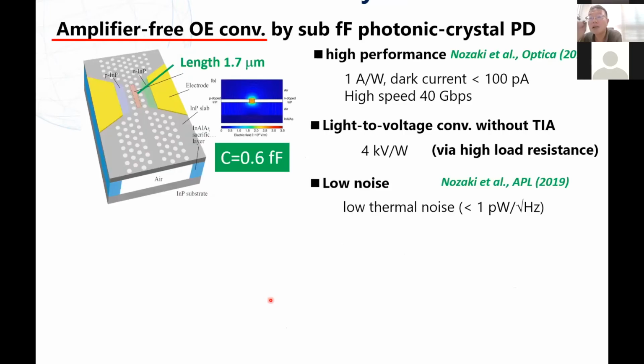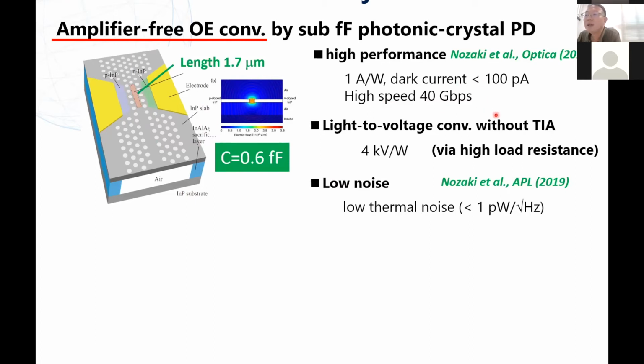Here I show our work for the OE conversion devices, namely the photonic crystal photodetectors. This photonic crystal photodetector has an extremely small capacitance of 0.6 femtofarad. In spite of such a small size, this photodetector shows high performance comparable to the high-end photodetectors used for optical fiber communications: high sensitivity, low dark current and high speed.